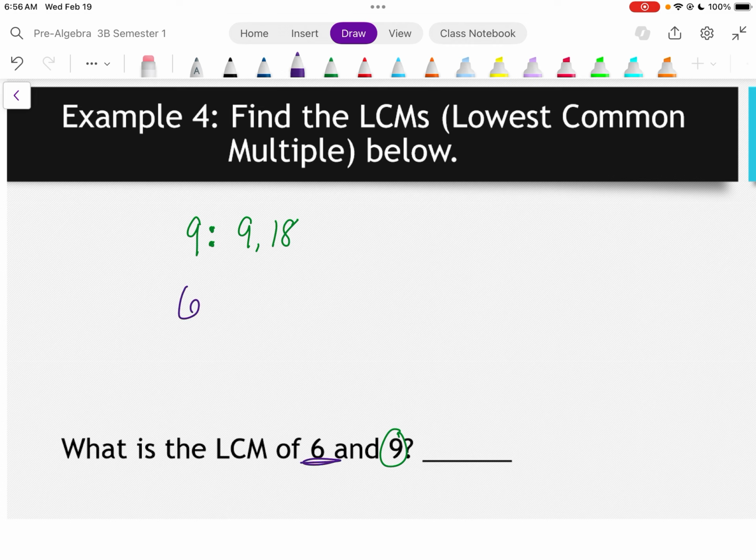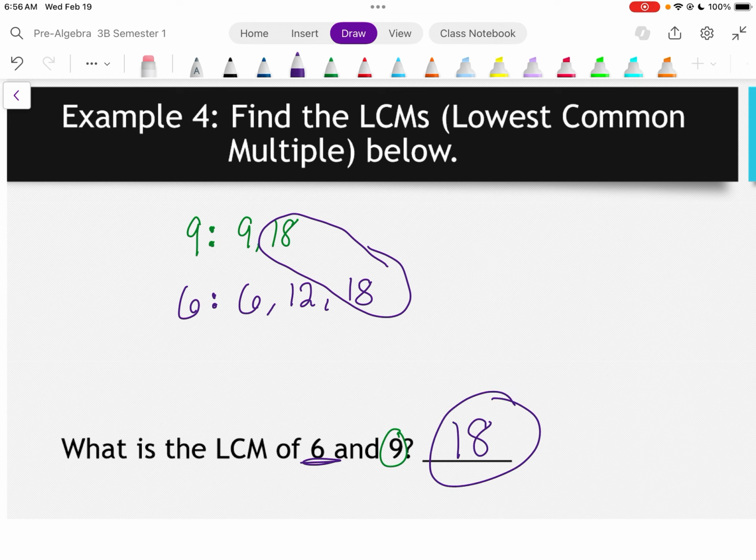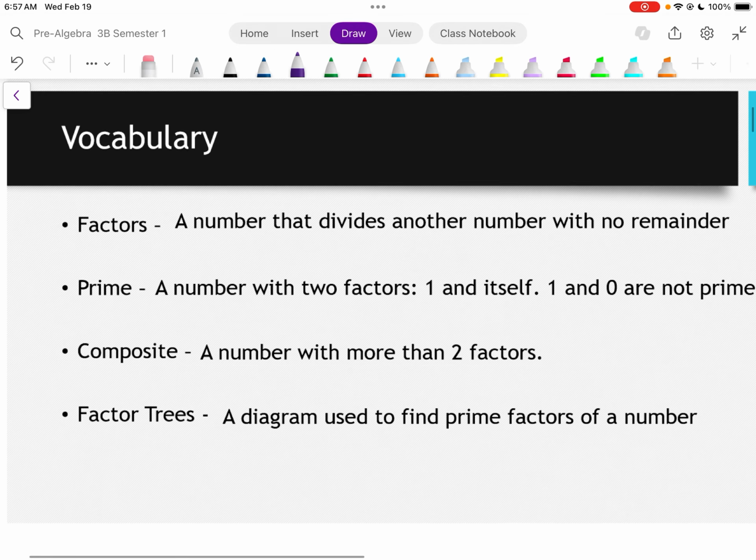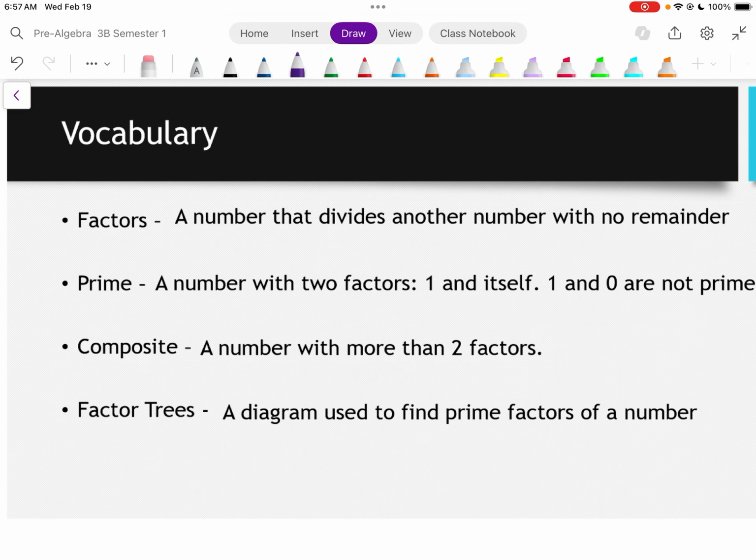So if you wanted to check that, you could list out your 6's by 6, 12, 18. And that shows us right away that we have those in common. And that makes our answer 18 for our LCM. Okay, so if you have questions on that, make sure you ask before you move on to this next part.